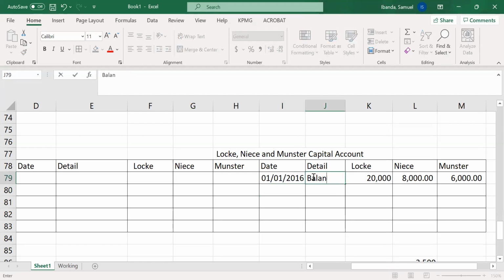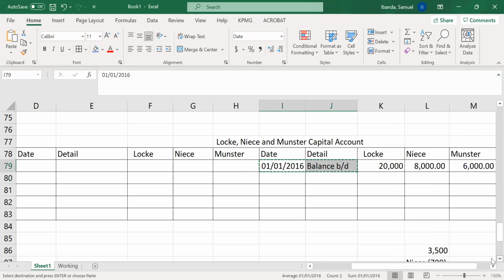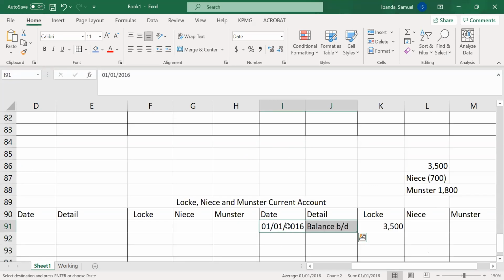As they are end of year balances, the other side is the same thing. So that is balance brought down. The same thing also here. This is a balance brought down.